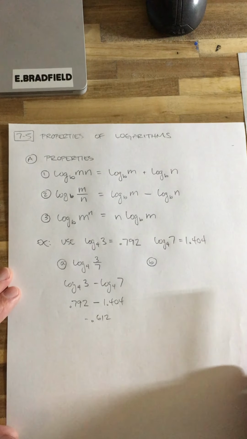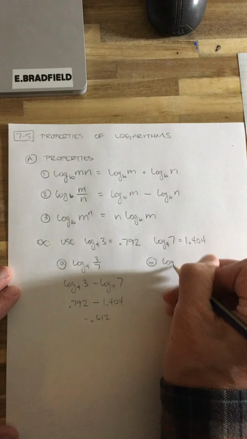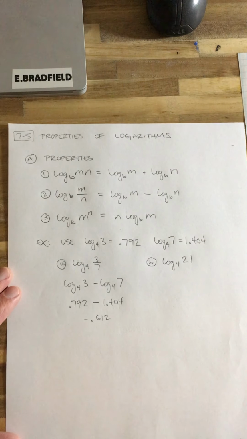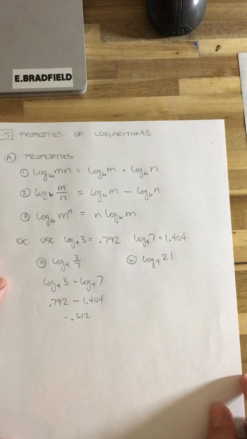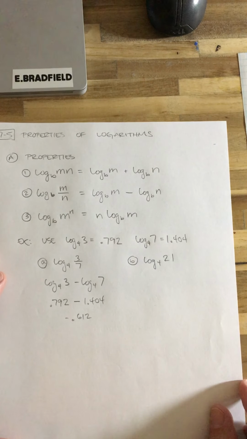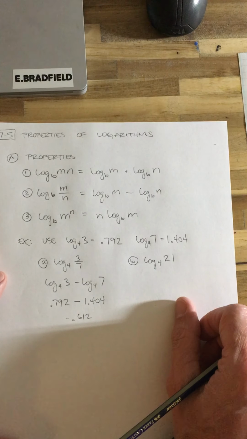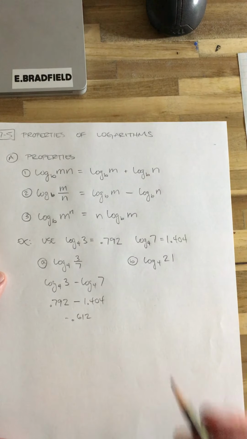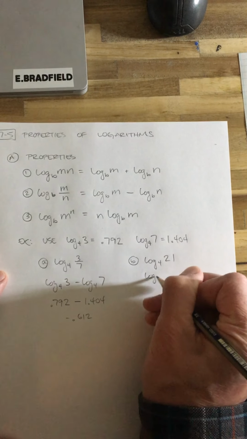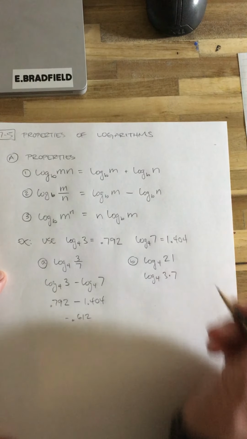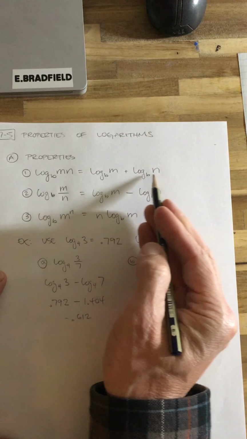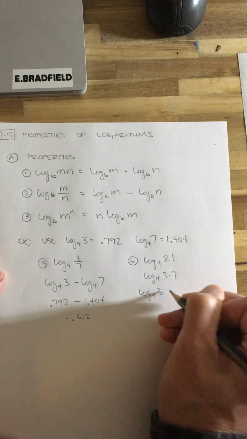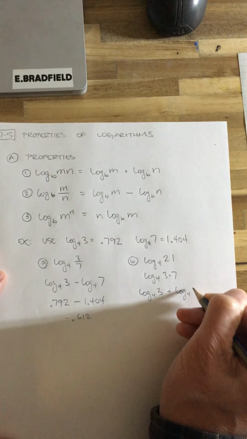Let's try the log base 4 of 21. How can we do that? Look at 21. Can you think of any two numbers that you can break that up into? Certainly, 3 times 7. So this is the log base 4 of 3 times 7. We're going to use the first property up here, so break it up into two parts: the log base 4 of 3 plus the log base 4 of 7.